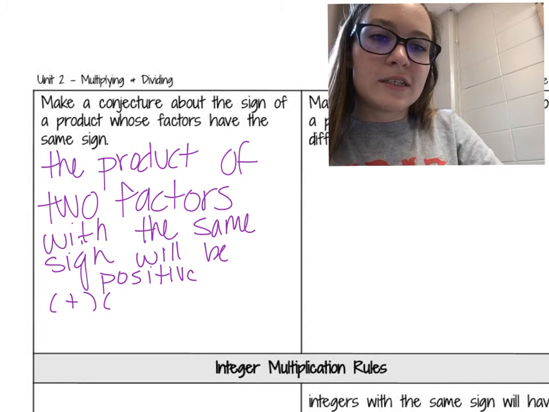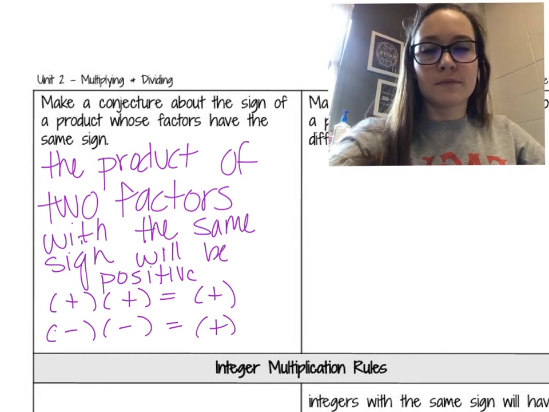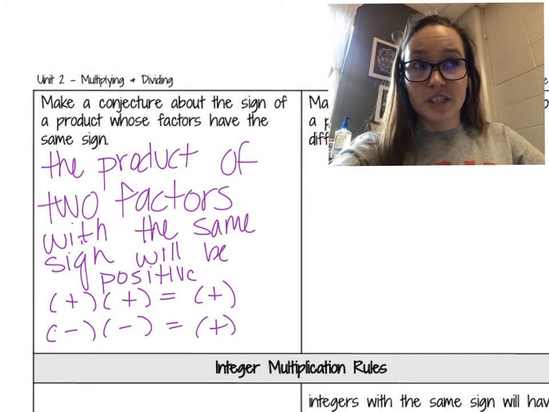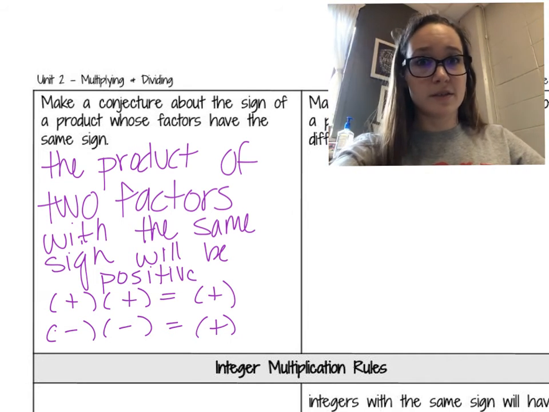So a positive times a positive is a positive, but also a negative times a negative is a positive. So a little bit easier than our addition rules, right? We don't have to think about what number is bigger. I just gotta look at the signs. Bam.